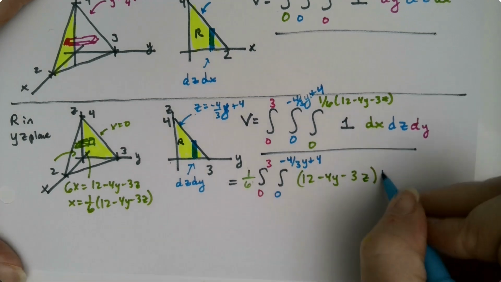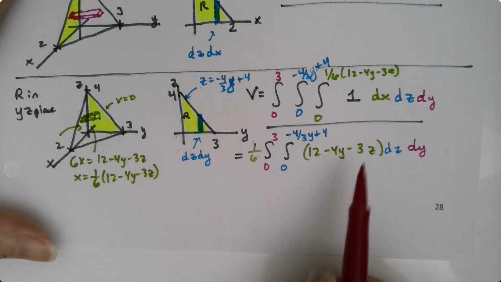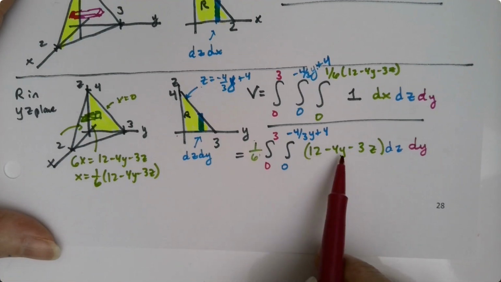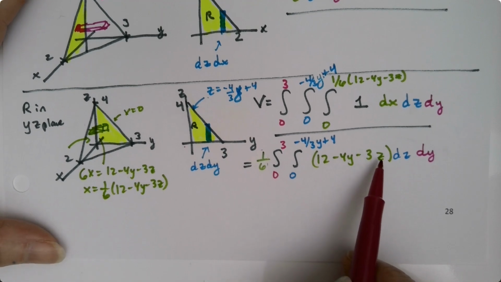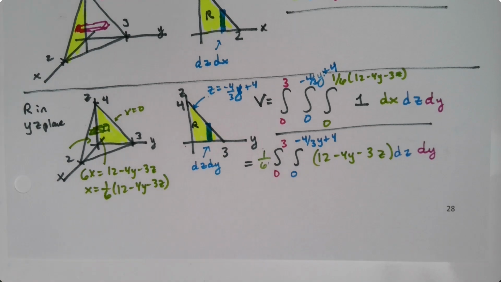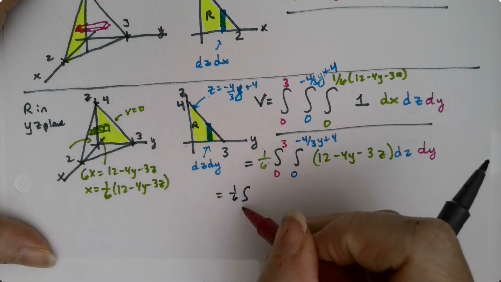Okay, now I want to integrate this with respect to z. So there's no z in this, and there's no z in this. So those are just going to be multiplied by z. This one's going to become 3/2 z squared. So this is going to be 1/6 integral from 0 to 3.